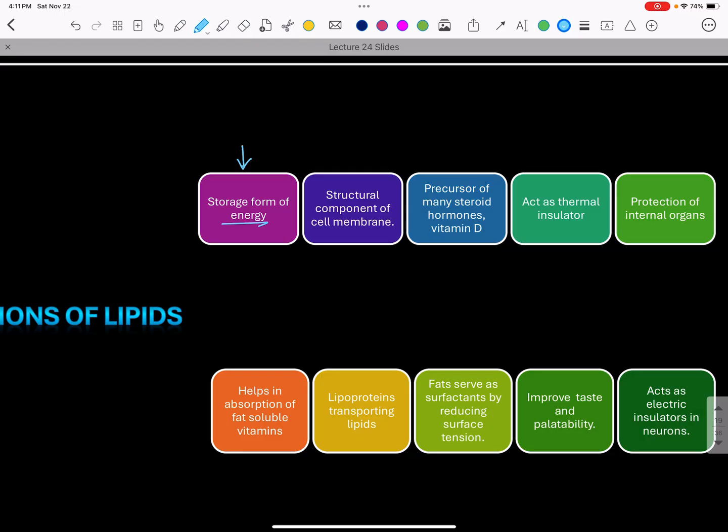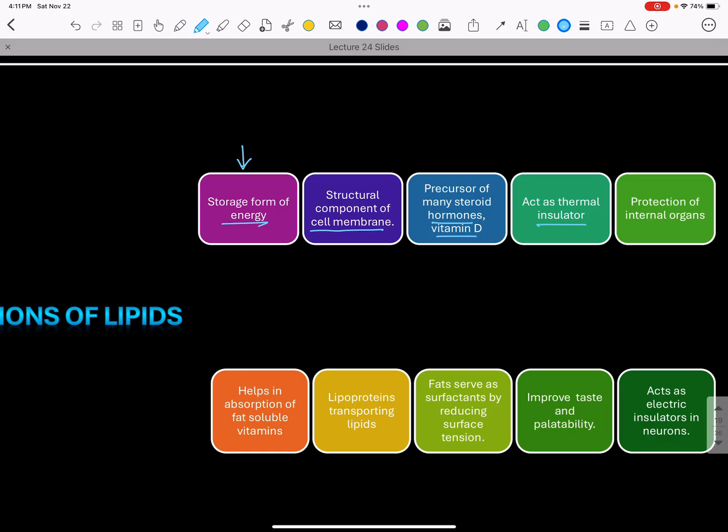There are also structural components of cell membrane, plasma membrane. We'll talk about that, the important components of plasma membrane. And they're also precursors for hormones and vitamins, steroidal hormones. They act as thermal insulators. They're important for the skin, and the skin acting as a physical barrier as well as an insulator. They act as protective.